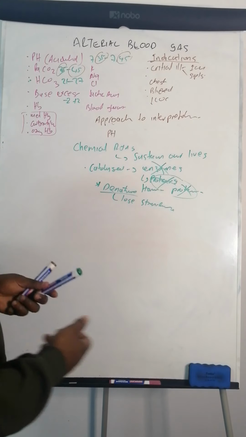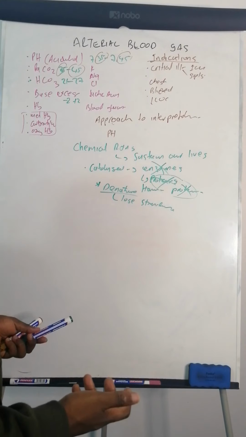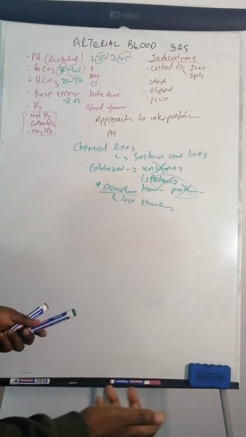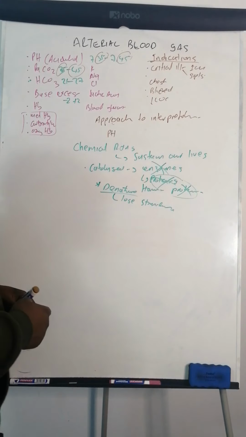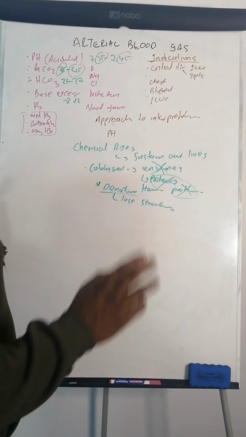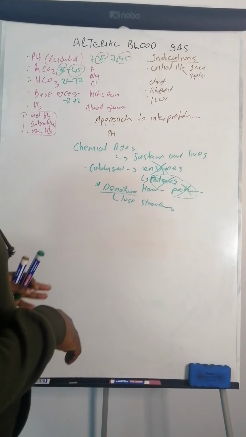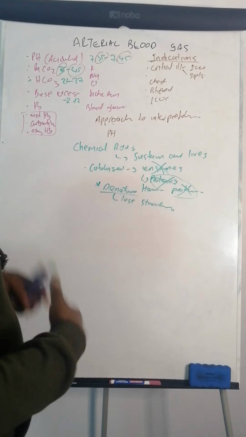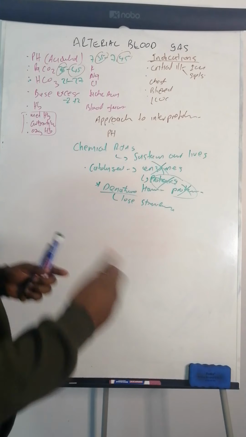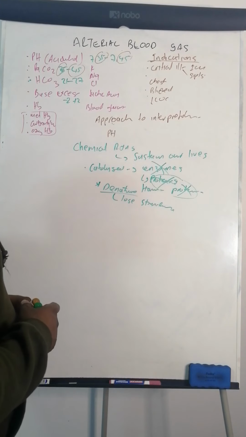So it means now if those hormones are denatured because they are proteins, then there won't be communication between the organs. So it's just disaster. So that's why people who have got high pH or very low pH, they just lose consciousness, they become lethargic, they become this and that, and then they eventually die. That's one of the reasons. So that's why it's very important.